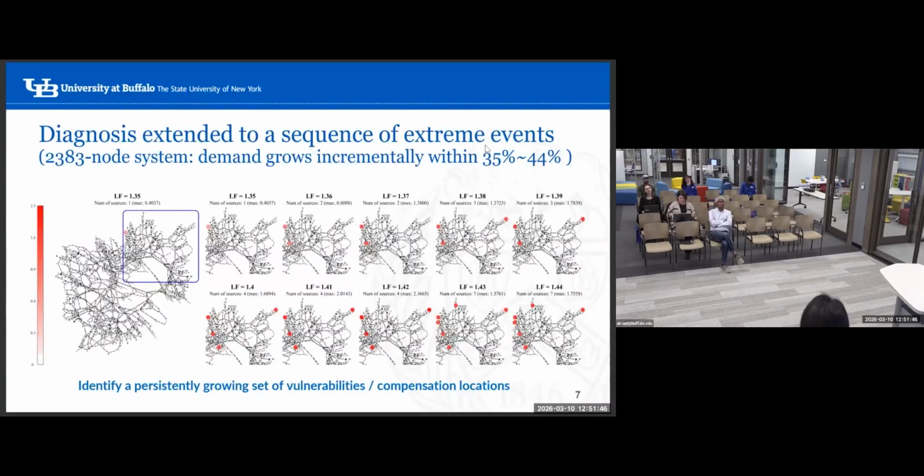And instead of just solving one particular extreme event, we can also extend this to a sequence of events. Imagine we're doing planning for 10 years. Every year, the electricity demand increases a little bit. In this case, we're doing sparse optimization to return a persistent trajectory, a sequence of solutions.